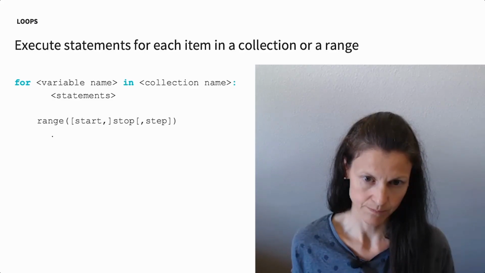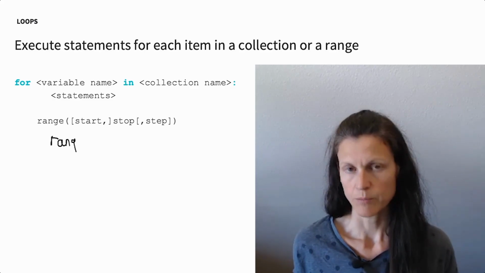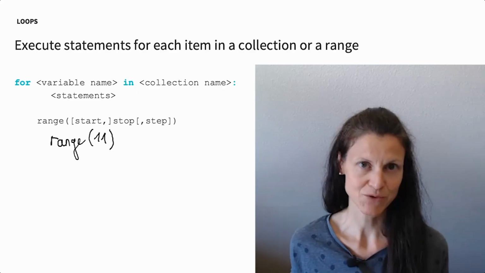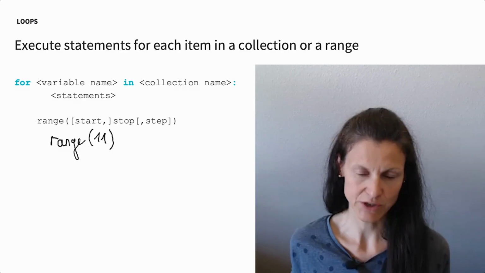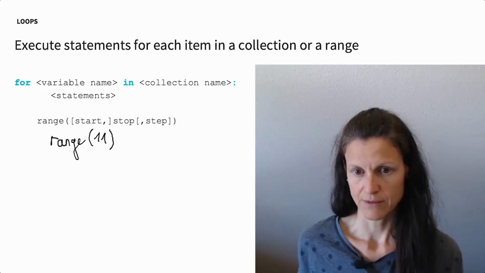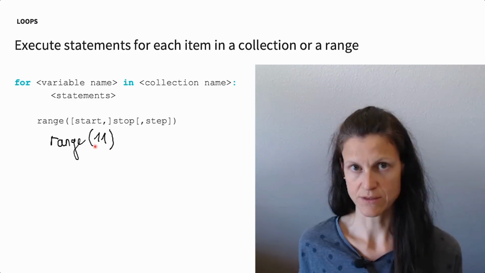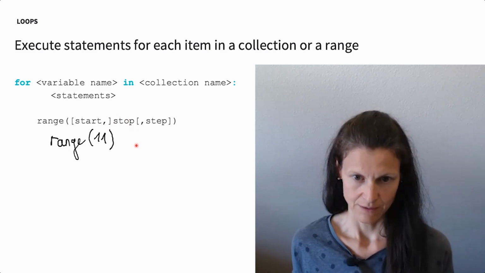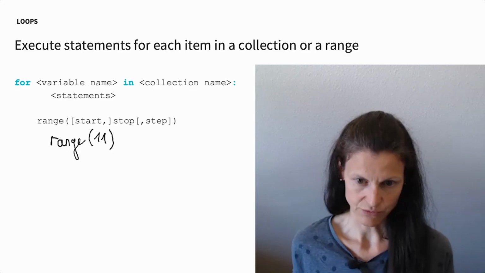So to make a short example, if we write something like range of 11, maybe you want to think yourself about what it produces. For that, I have to add a certain detail concerning the range function. The stop number is excluded. It's not inside the range anymore. So range of 11.